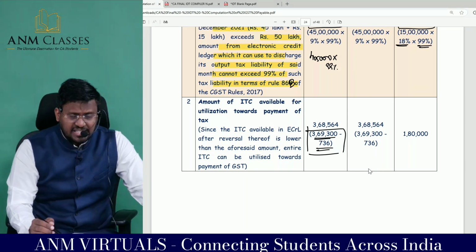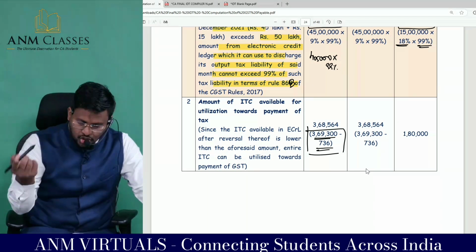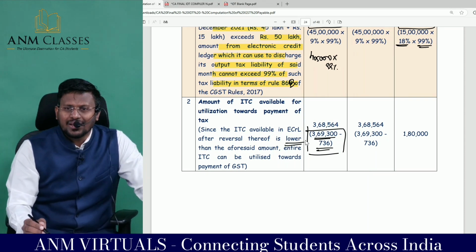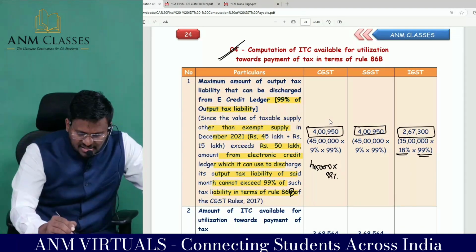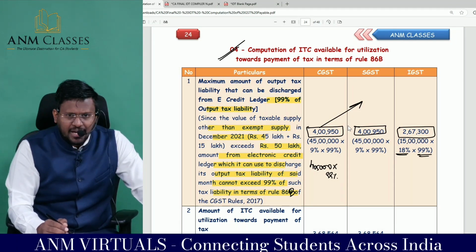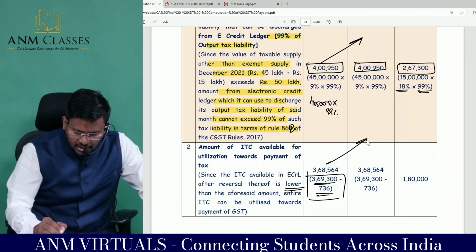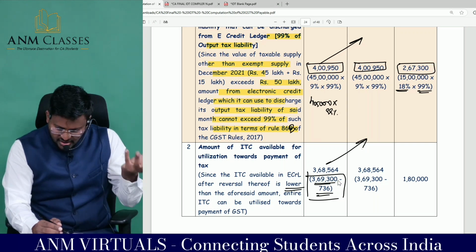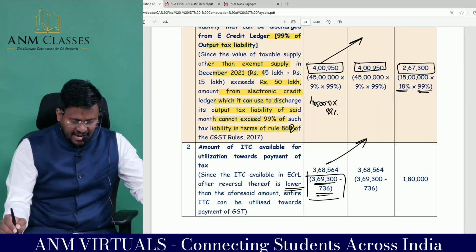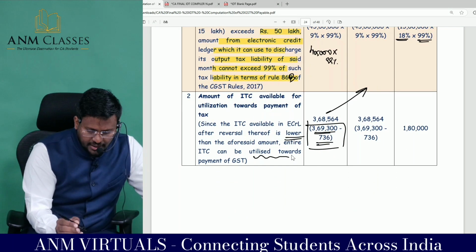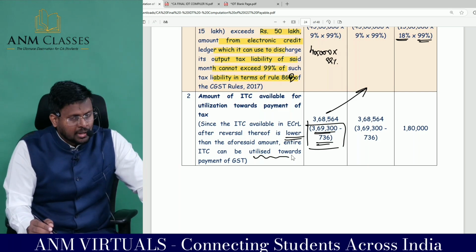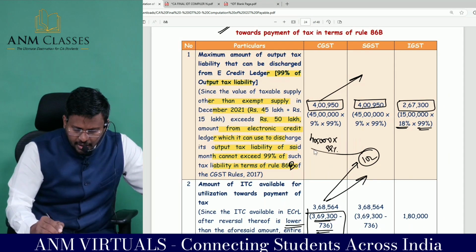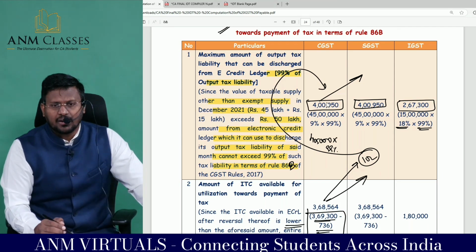So the amount of ITC available for utilization towards payment of tax: since the ITC available in the electronic credit ledger is lower than the maximum I can claim, 4,950,000, as ITC, and in the electronic credit ledger the balance available itself is 3,68,564, therefore the entire ITC can be utilized towards payment of tax. If the amount available in the ECL were 10 lakh, it would have been restricted to 4,950,000.